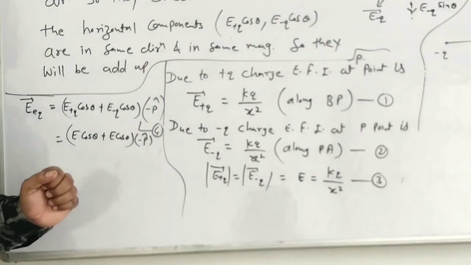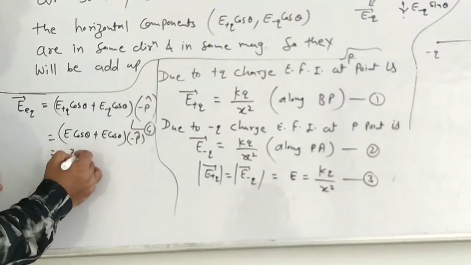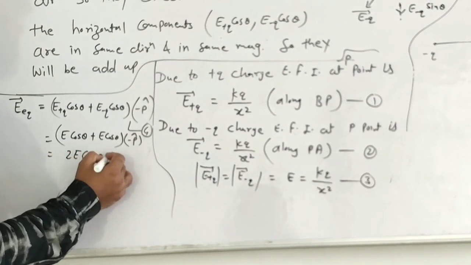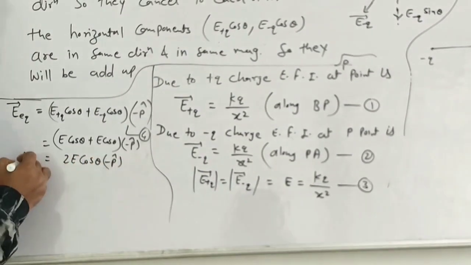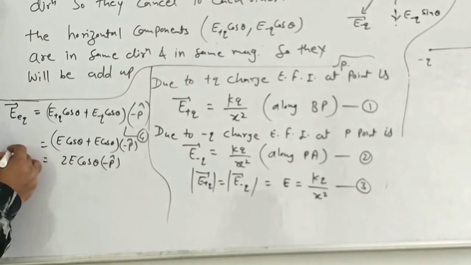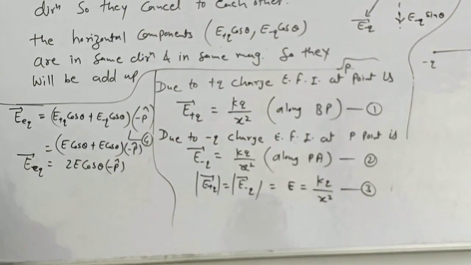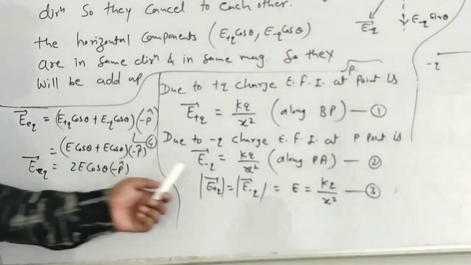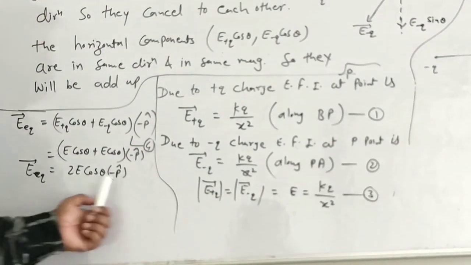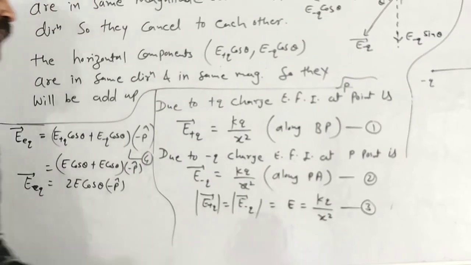E cos theta plus E cos theta is 2E cos theta, so E equatorial vector is minus p cap times 2E cos theta.